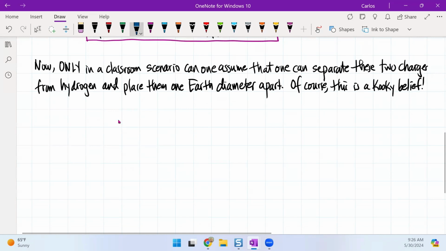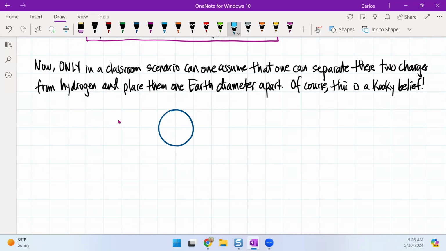So if I look at this, I'm going to have my diameter of the Earth. We're going to say that this is the Earth, right? Pale blue dot. And we're going to take all of those positive charges and put them right here, and we're going to say that this is Q of the protons.